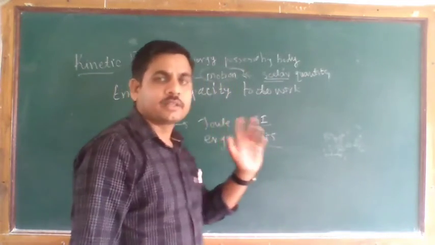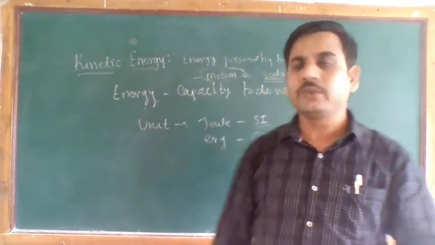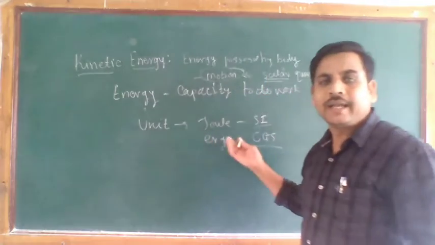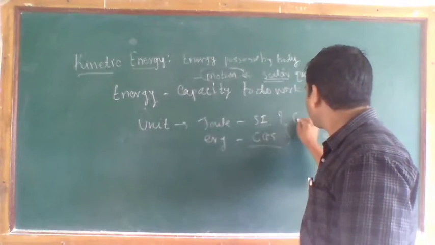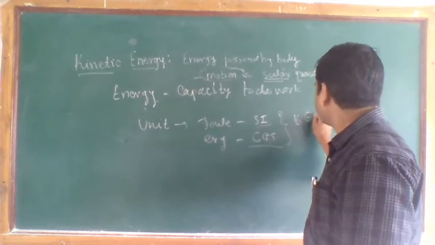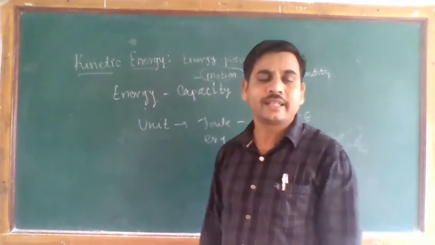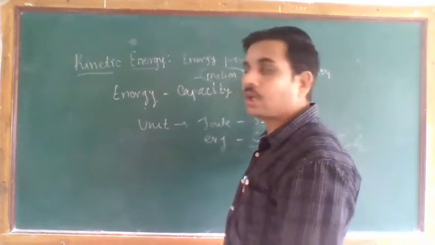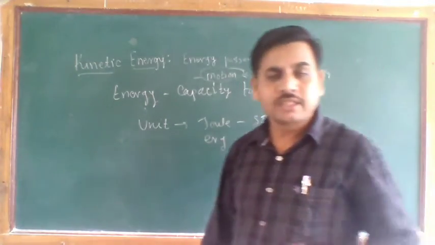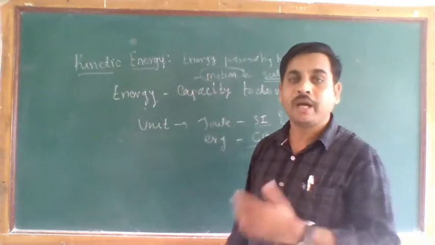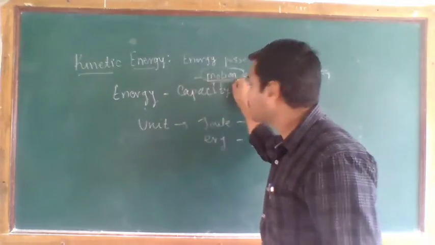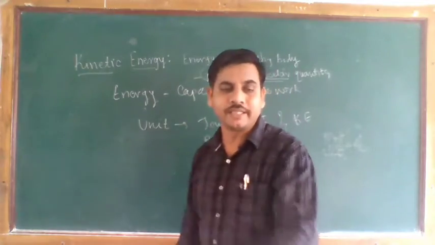The same unit applies for your kinetic energy. And this kinetic energy is a scalar quantity, and its simple definition is the energy possessed by the body by virtue of its motion. It means its velocity.